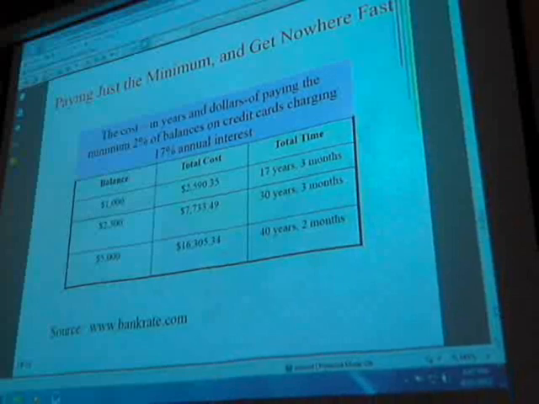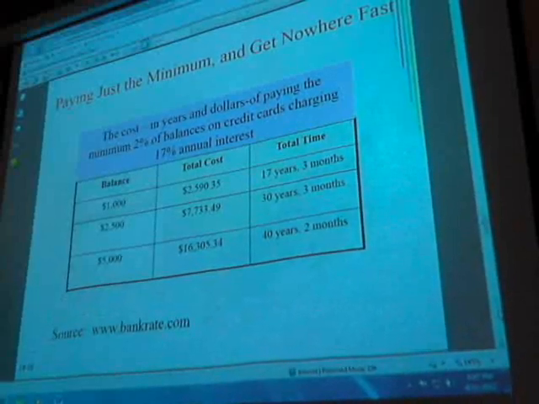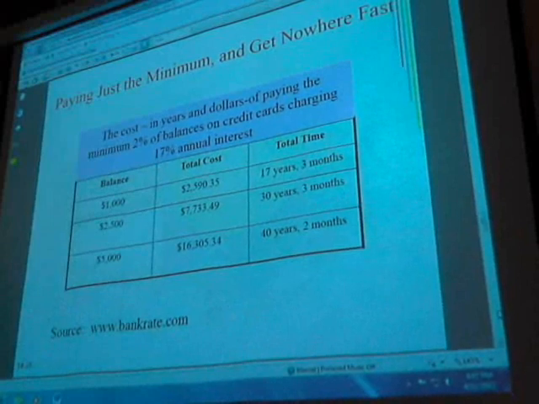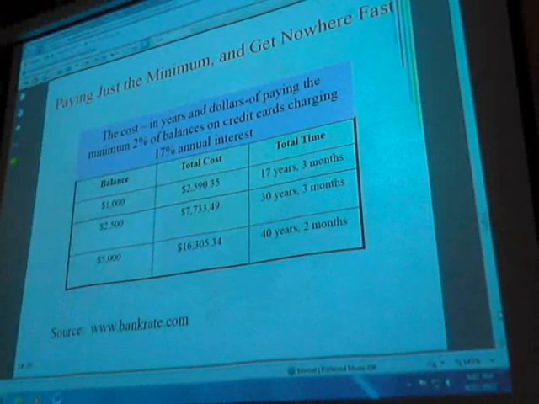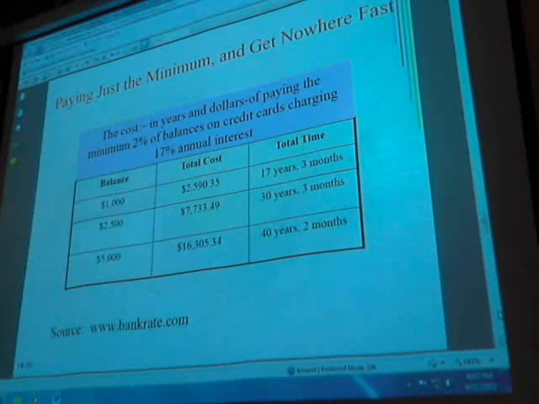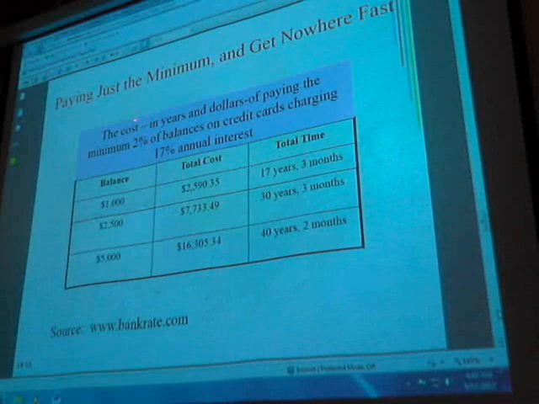What usually happens is, when they figure out your monthly payment on a credit card balance, whatever your balance is at the end of that monthly 30-day cycle, they will usually take about 2% of your outstanding balance, whatever you owe. So that'll be your minimum monthly payment, usually. Now, look at this first example.